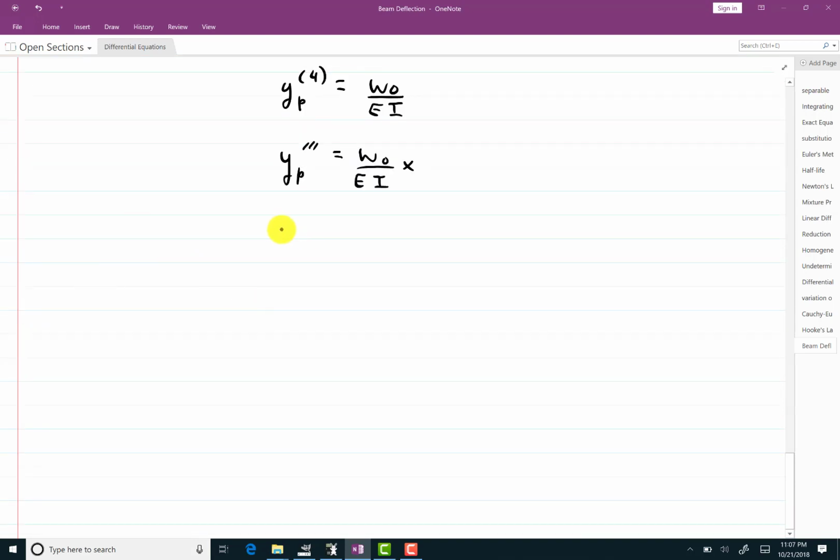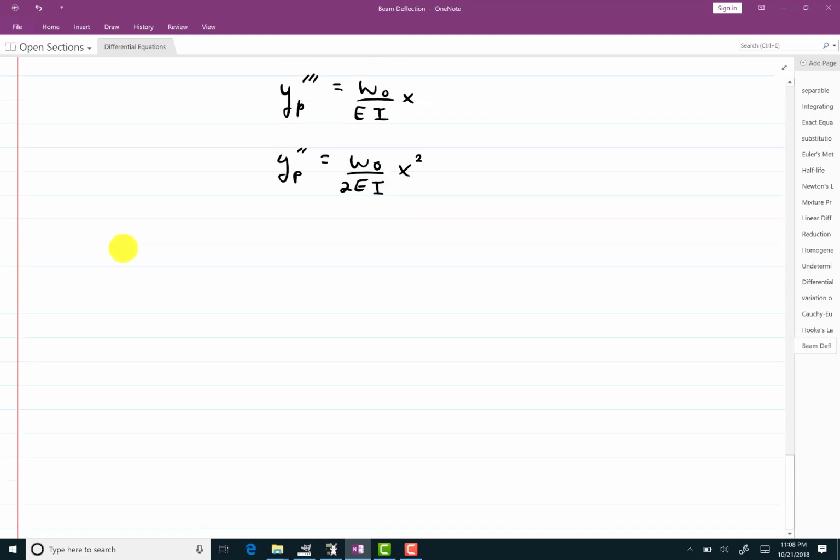Take another derivative. Y sub p double prime will equal w naught over 2EI x squared. Take another integral. Y sub p prime will equal w naught over 6EI x cubed.